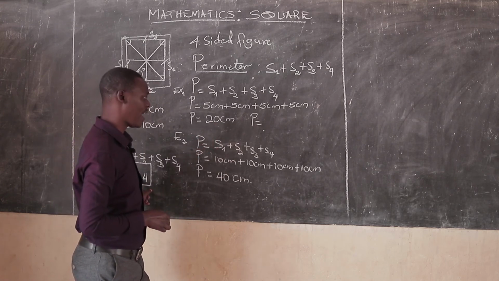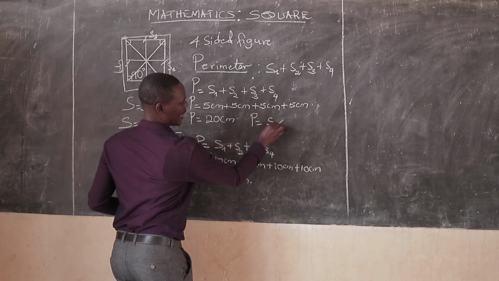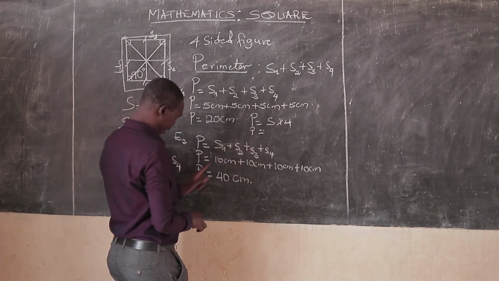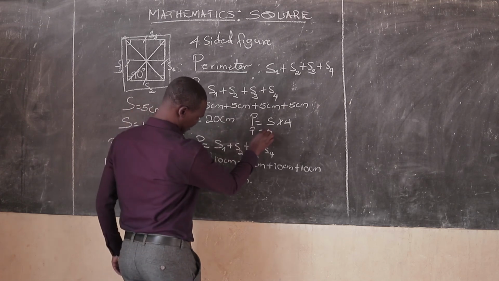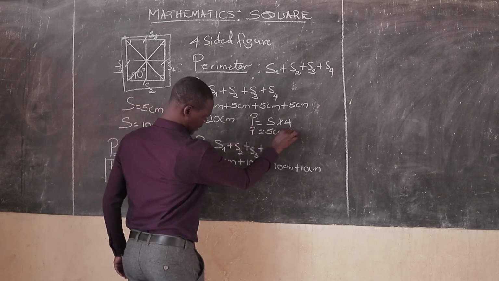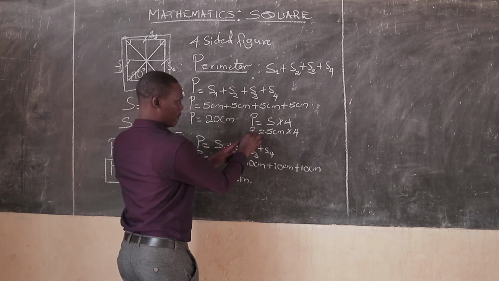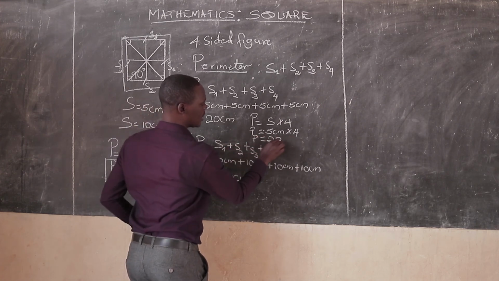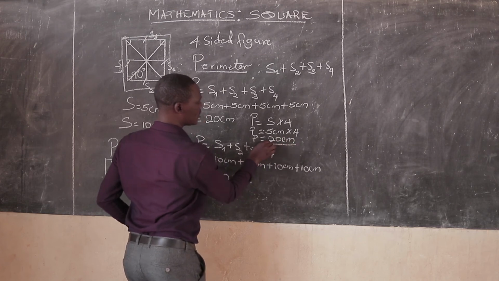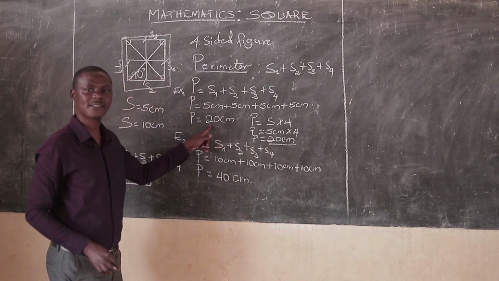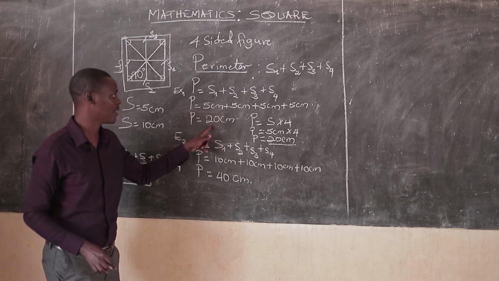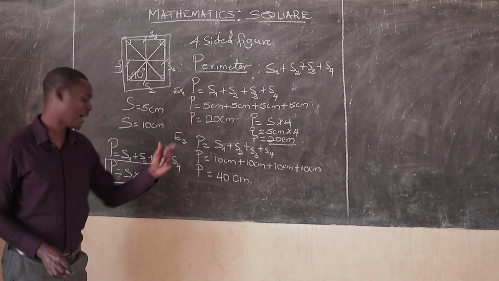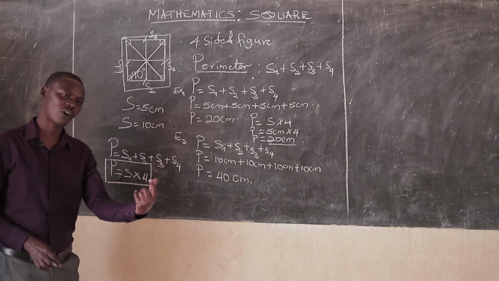Using this formula, side times 4, our side was 5 centimeters times 4. Now, 5 times 4 is 20 centimeters. Good. The answers are the same, meaning that both of our formulas are correct, but this one is short and simple to use.